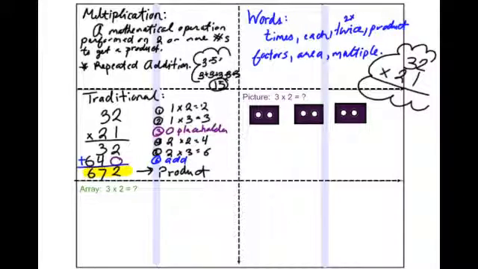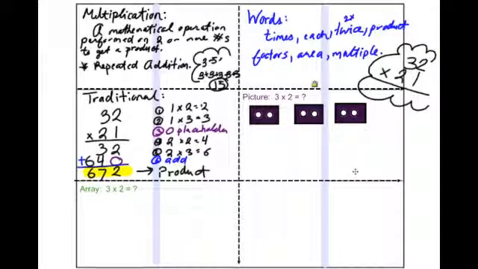And if I think about that, it makes perfect sense here in this case because 3 times 2 equals 6, and there are 6 small units in my drawing.